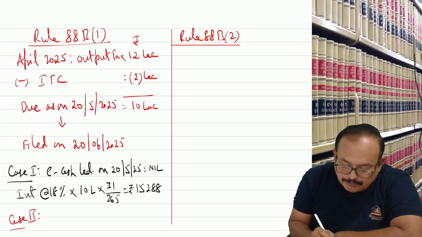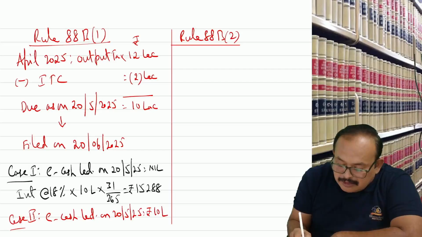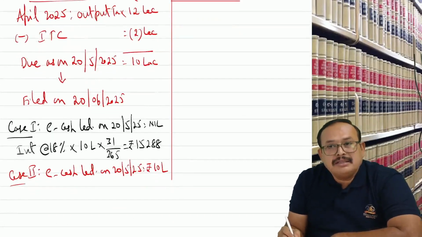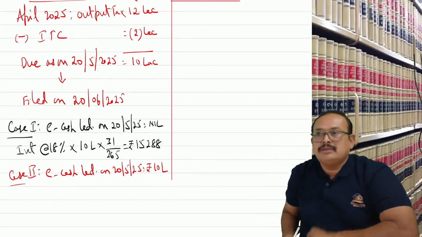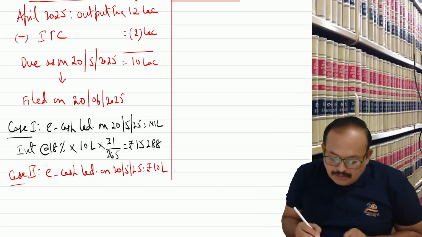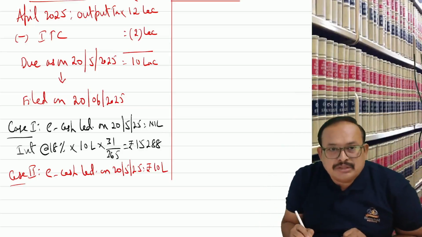Now here, case 2: electronic cash ledger on 20th May 2025 is 10 lakhs. The cash ledger balance of 10 lakhs is there as on the due date, but I have not filed the return. If so, when do I file the return? 20th of June.